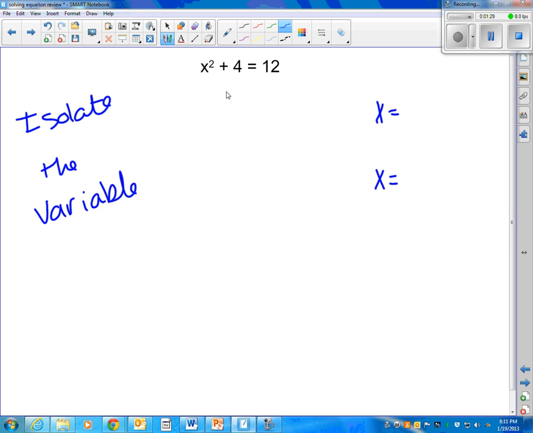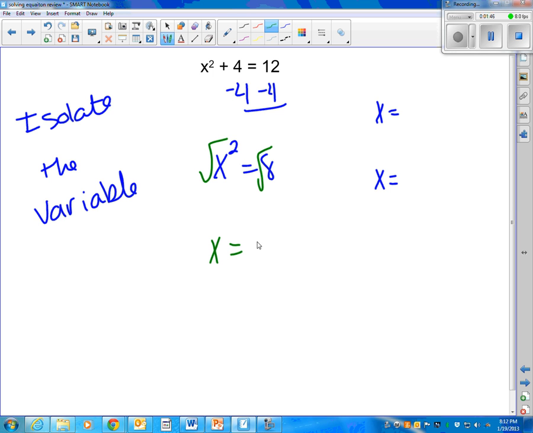Subtract the 4, just like before. Now it's x squared equals 8. How do you undo a square? Take the square root. That's the extra step we need to do that we didn't do before.